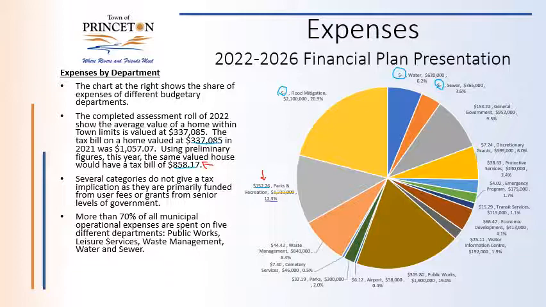And it's important to note, and I always like to point this out to people, that 70% of all municipal operational expenses are public works, leisure services, waste management, water, and sewer services. So if we move water and sewer to and from your house, roads and public works, where we play, and we take out the garbage, is 70% of our expenses.